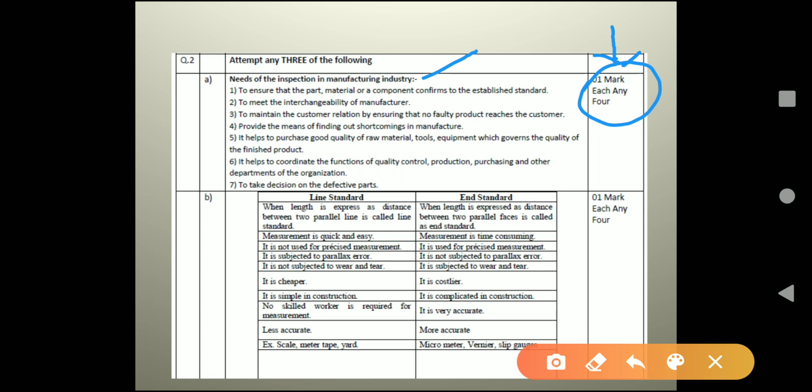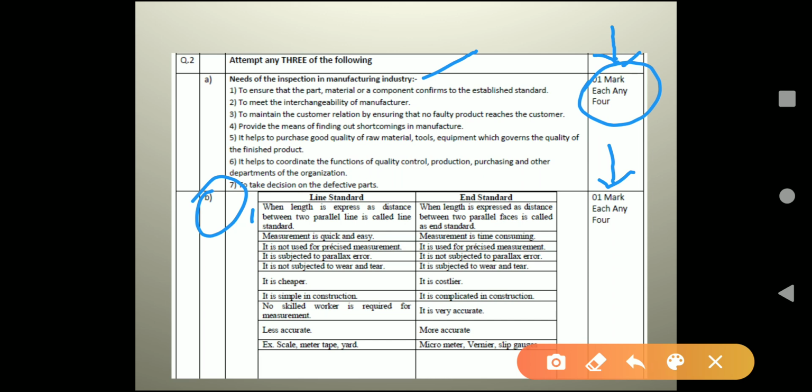At question number b, you can see the difference between line standard and end standard. Already we have discussed it in the summary, and also in chapter number 2. In the right column it is seen that 1 mark each for any 4. So you have to write any 4 points in the examination. For example, the first point: when length is expressed as the distance between two parallel lines, it is called line standard.